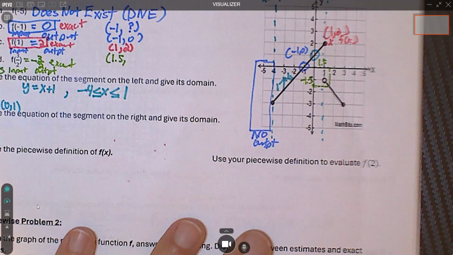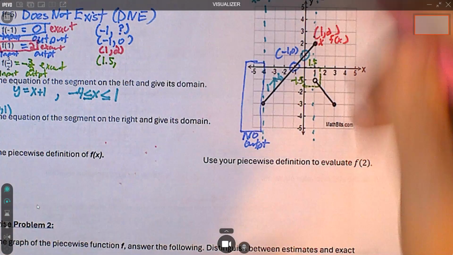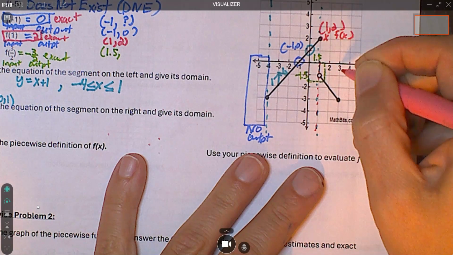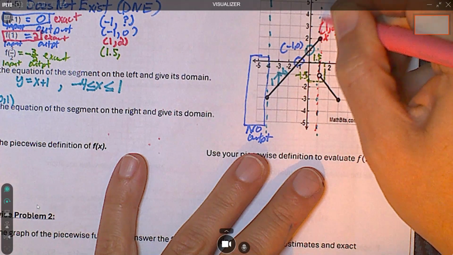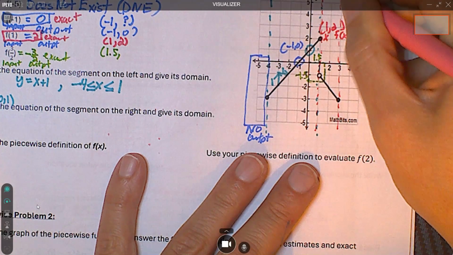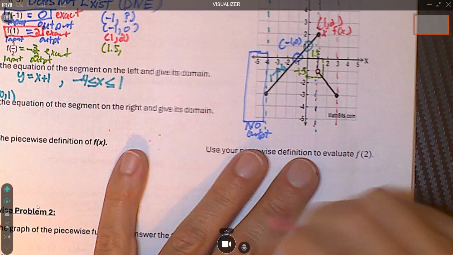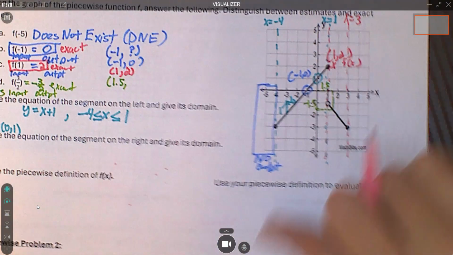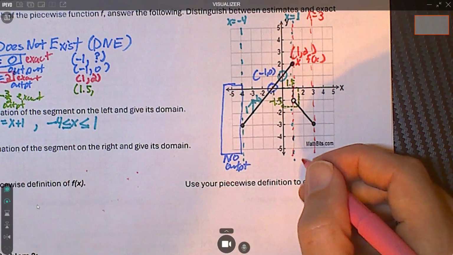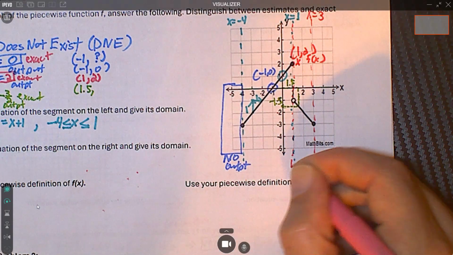Okay, now it wants this one. X equals 3. So we're looking for x's that are greater than 1.